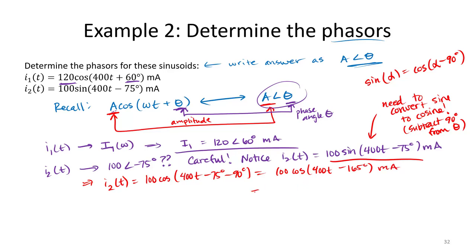So therefore, I2 in frequency domain, or in phasor domain, is just 100 angle negative 165. Notice units are still milliamps, but now we have I1 and I2 in frequency domain and written as phasors.